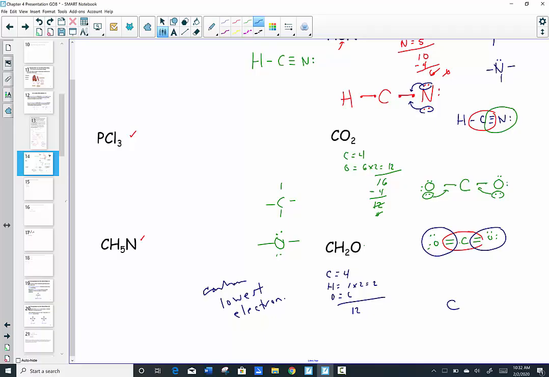Fluorine is the strongest of strong nonmetals, pulling electron density towards itself. The farther you move away from fluorine, the weaker the atom becomes at drawing electrons towards itself. Carbon is farther from fluorine than oxygen. That's how I know carbon will be the central atom.